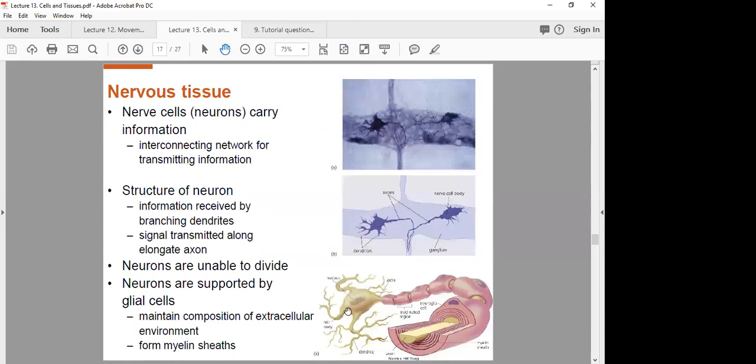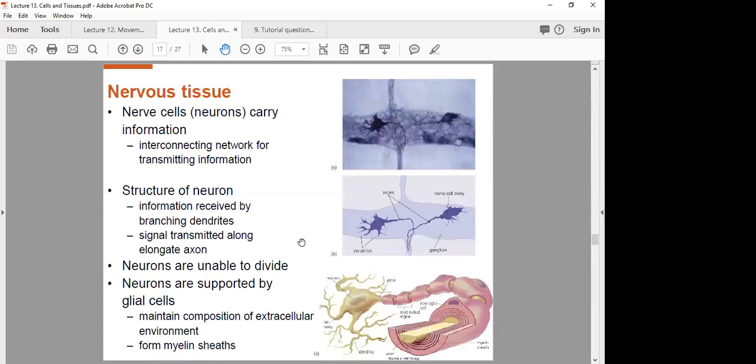We've got the main part of the cell, called the cell body, and we can see the nucleus here. Then we have these long projections from the cell. This is where the information is received by the neuron, and these are called dendrites. Then we have this very elongated part of the cell, which is called the axon.